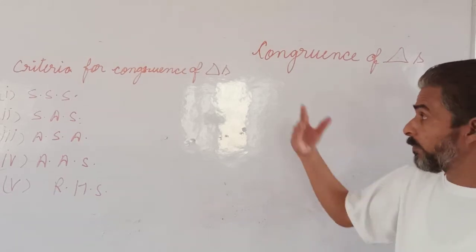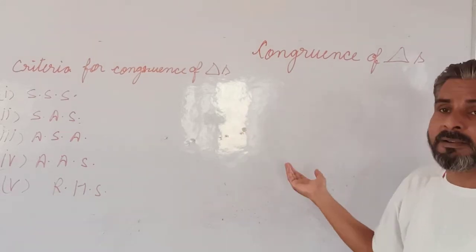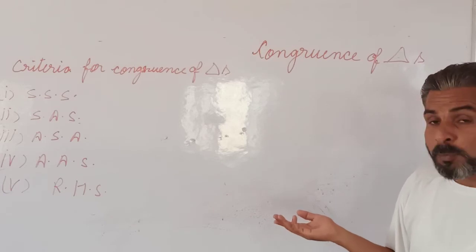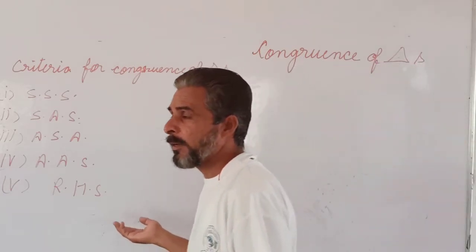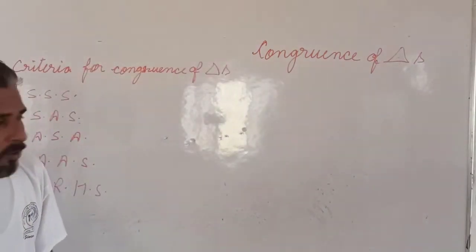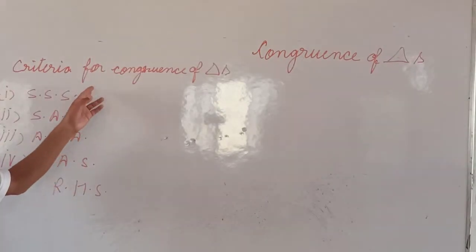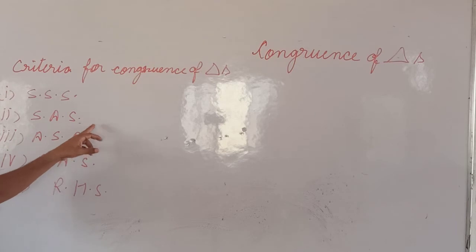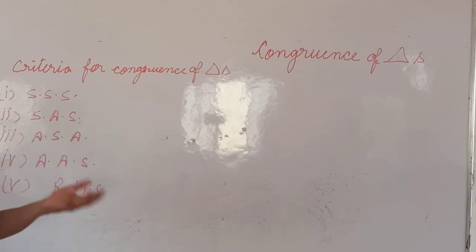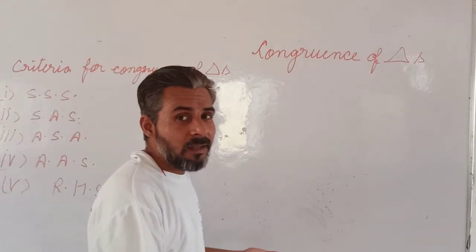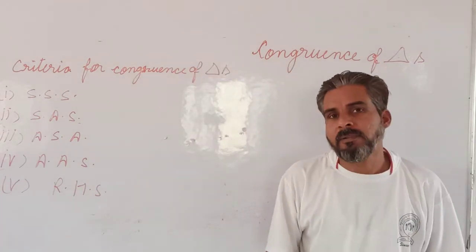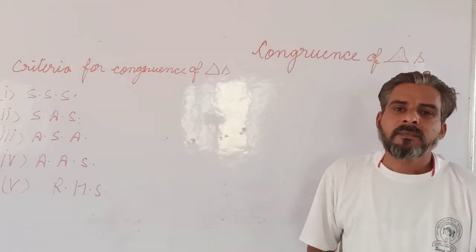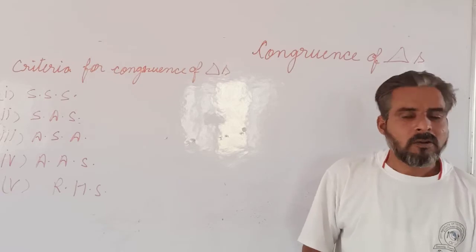The first one is side, side, side. As we have taken the previous example, corresponding sides were equal. If corresponding sides are equal, then the triangles can be said congruent on the basis of side, side, side. Second one, side, angle, side. If two sides are equal and one angle is also equal, then we can say that the triangles are congruent.